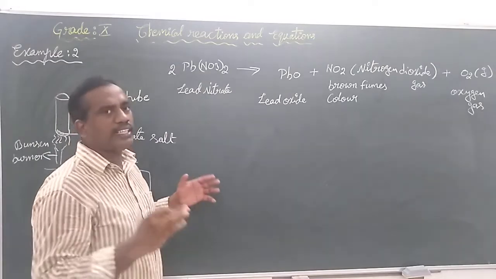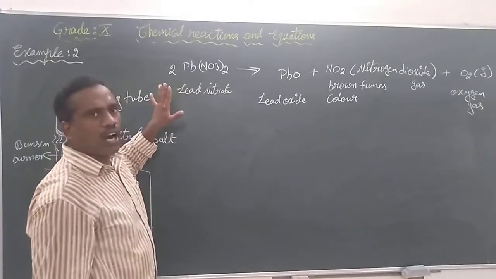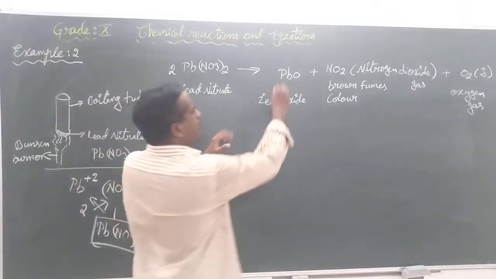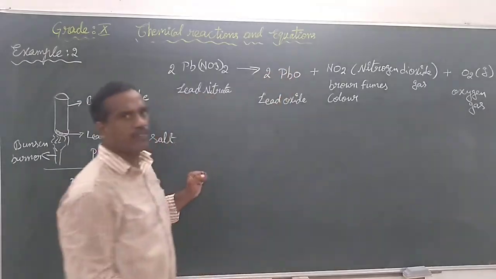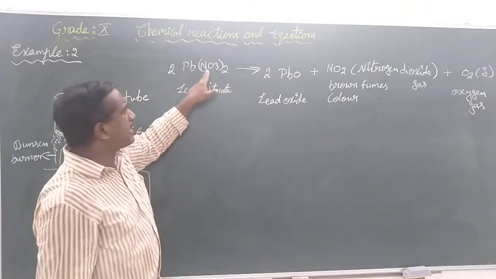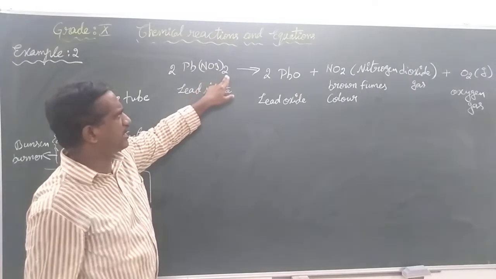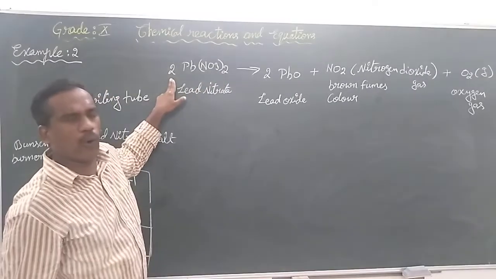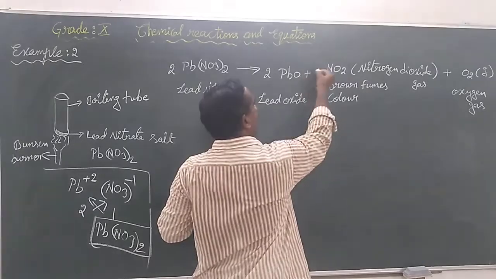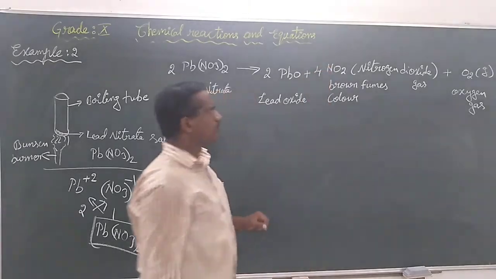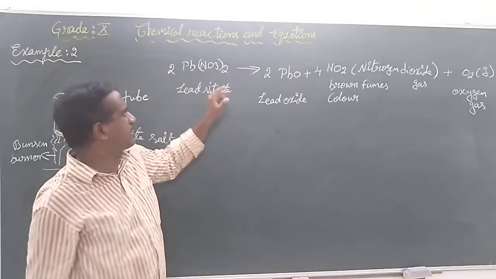Let us take a direct balancing step. 2 leads are there on the reactant side, so let us make 2 moles of lead oxide on the product side. Let us take the second element, nitrogen. 2 nitrogens are there and 2 2s are 4. Here only 1 is there, so let us take 4 here. Up to now, 2 leads and 4 nitrogens are balanced.